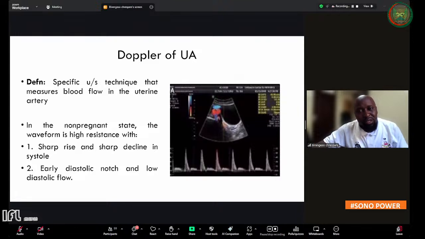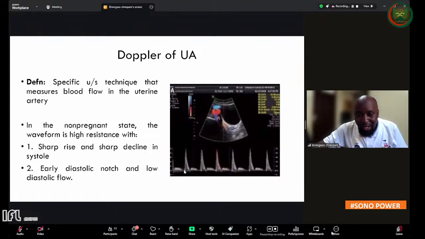What is Doppler ultrasound scan of the uterine artery? This is a specific ultrasound technique that measures the flow of blood in the uterine artery. In the non-pregnant state, the waveform is seen in systole and in diastole.